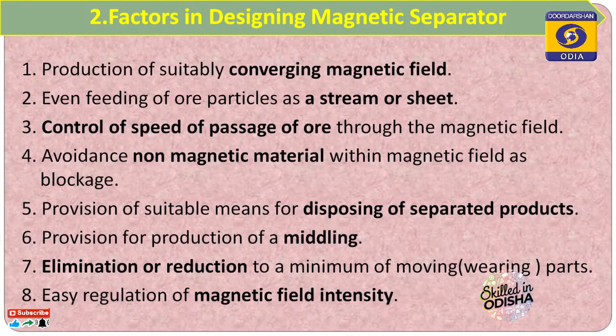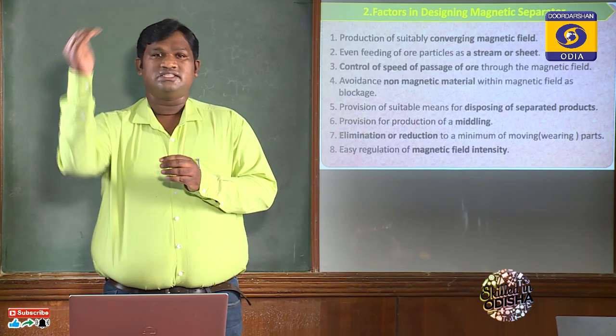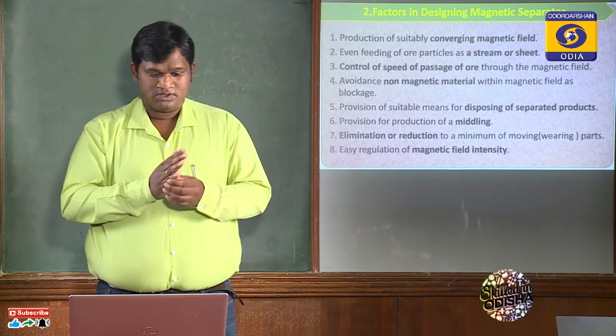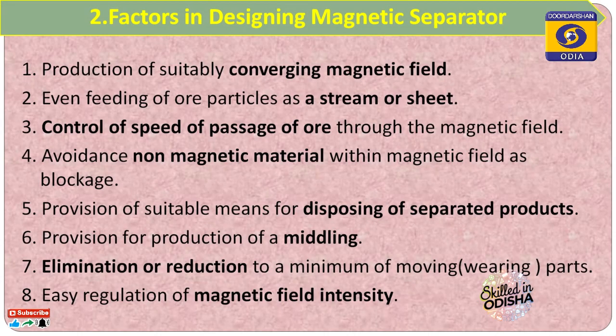Second, even feeding of ore particles as a stream or sheet. Third, control of the speed of passage of ore, so we can control the passage and the percentage of feeding. Fourth, avoidance of non-magnetic material within the magnetic field as blockage.